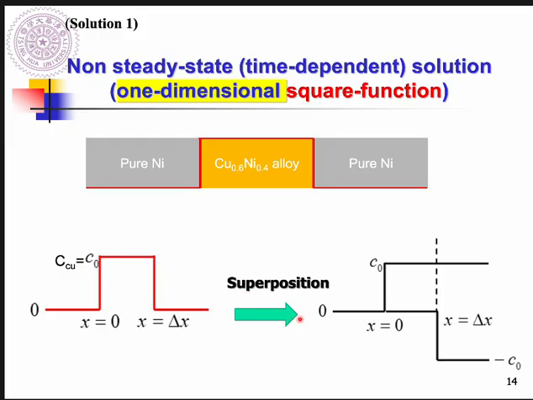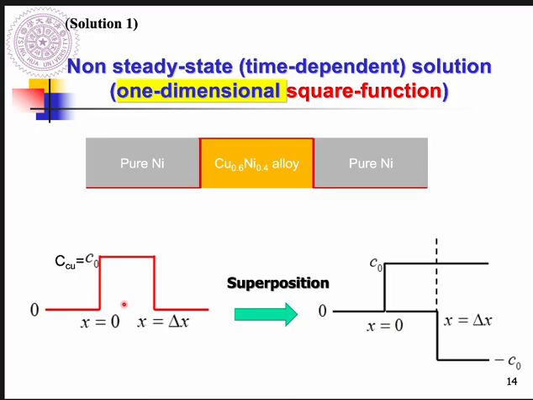Is it possible to superpose two step functions to form one square function? Then I have a chance to get the corresponding solution for this.